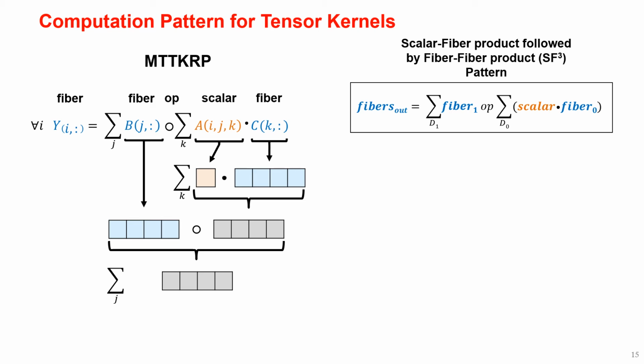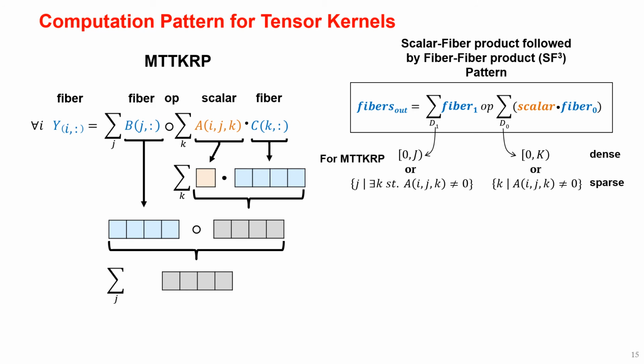The interesting thing about this pattern is that just by changing the domains D0 and D1, this pattern is capable of representing both dense and sparse tensor kernels.